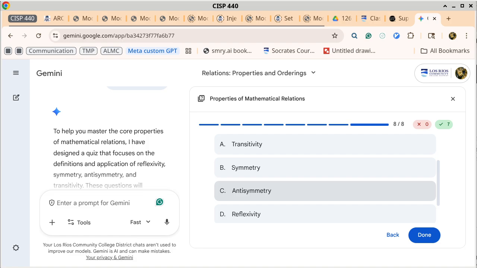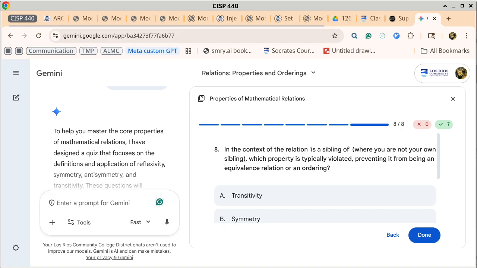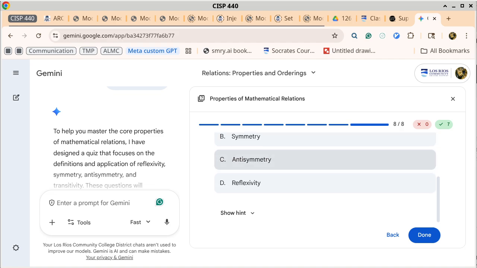Hmm, okay, so anti-symmetry may actually be, wait. We know reflexivity is probably the correct answer, but I'm still trying to understand why I don't want to answer with anti-symmetry, because it's looking for something that does not hold true. Let me double check with anti-symmetry.